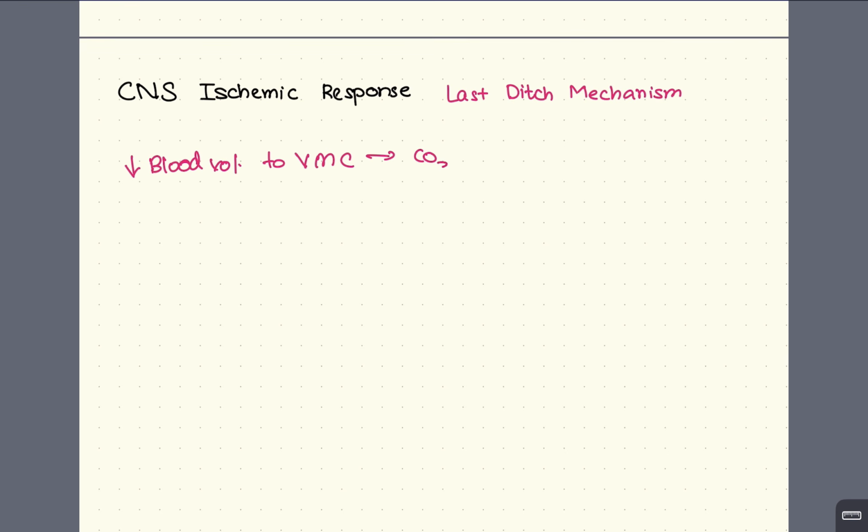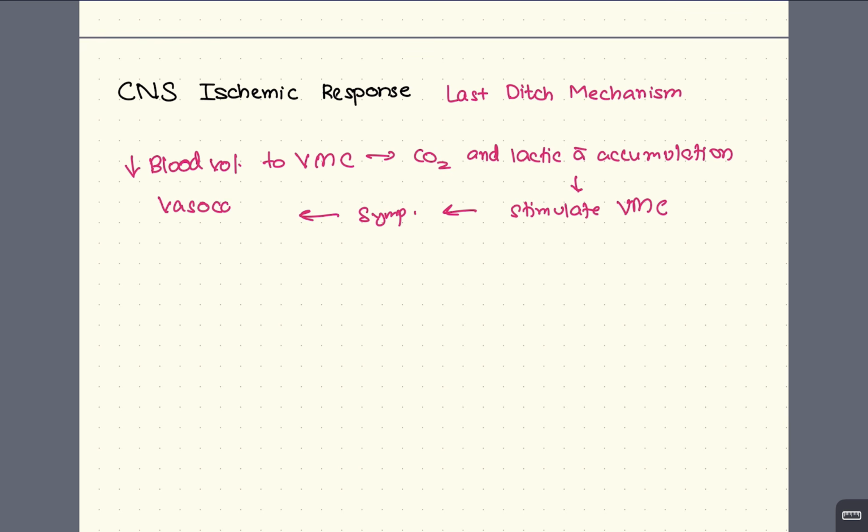Obviously there will be an increase in carbon dioxide and lactic acid accumulation. This accumulation in fact stimulates the vasomotor center, and this causes sympathetic stimulation, and this sympathetic stimulation causes vasoconstriction.